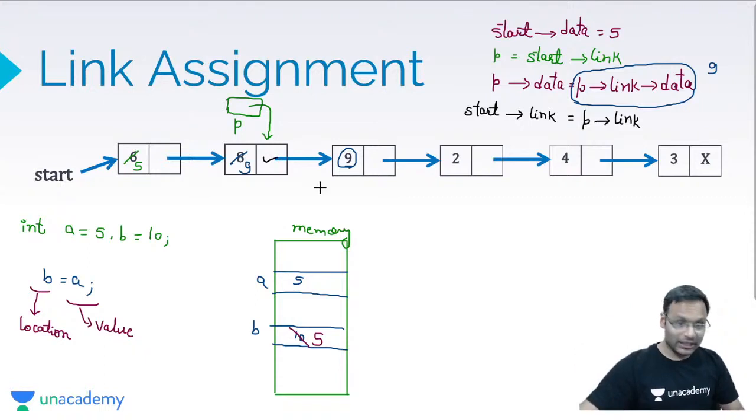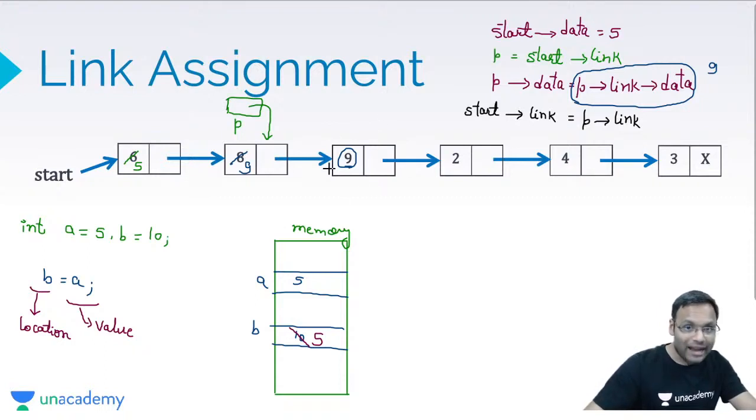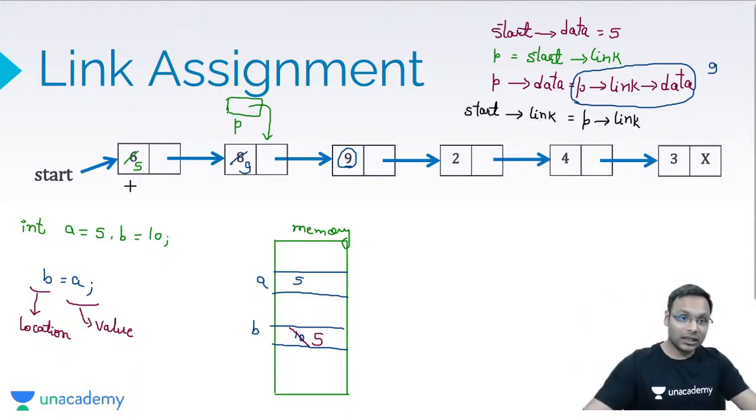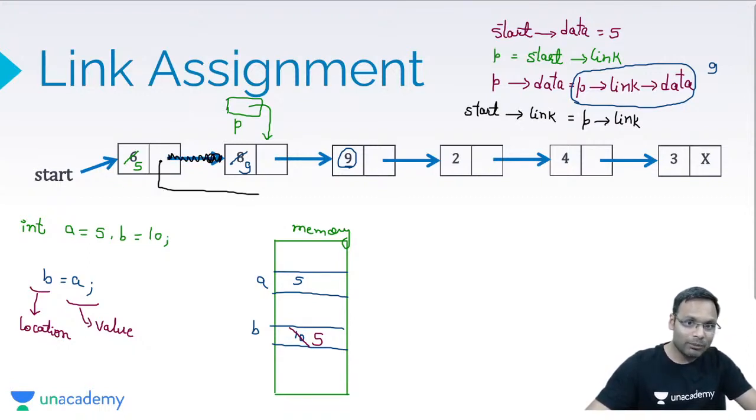That value. The link part of P is holding the address of the next node. So the address of this node I will have to copy somewhere, where I will check on the left side: start ka link part. The location is the link part of start. This particular start, its link part I'll have to update with the address of this particular node.